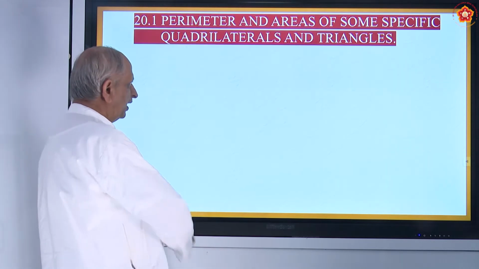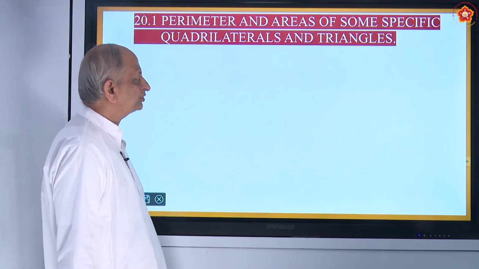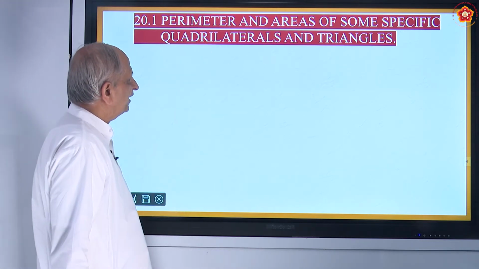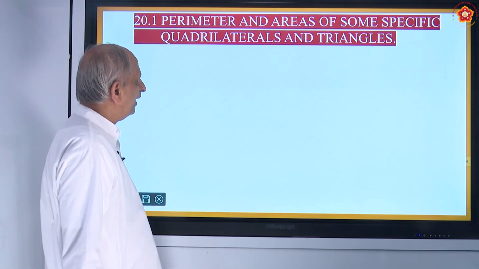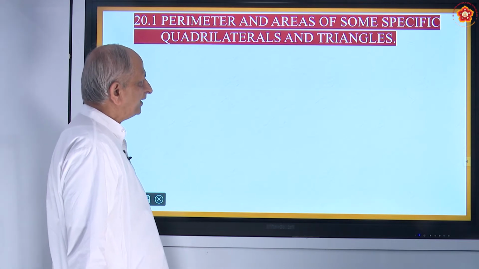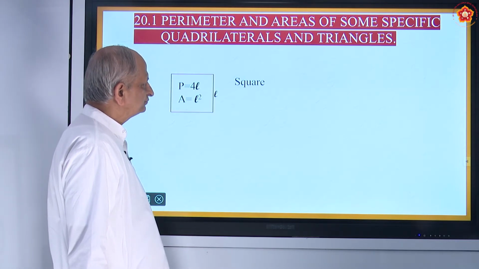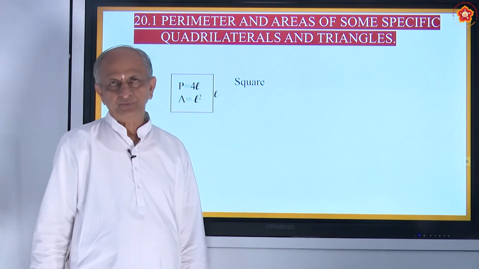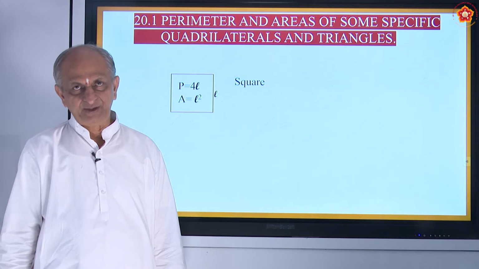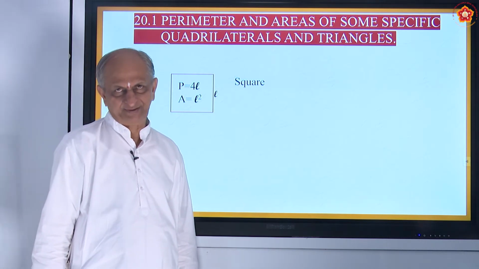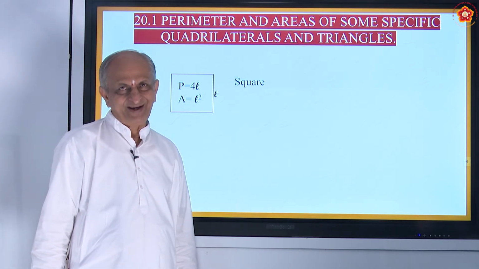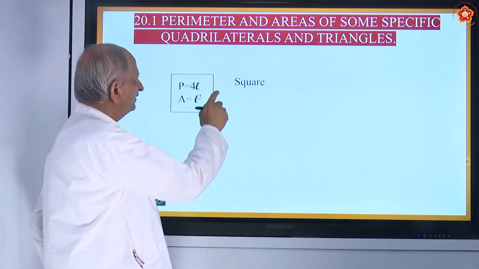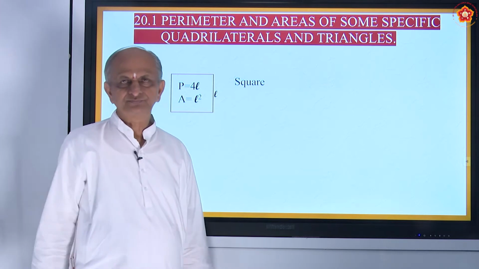Now let us see the perimeter and areas of some specific quadrilaterals and triangles. First you must know what is meant by a quadrilateral. A quadrilateral is a plane figure having 4 sides, and if you have 3 sides, then we call it a triangle.